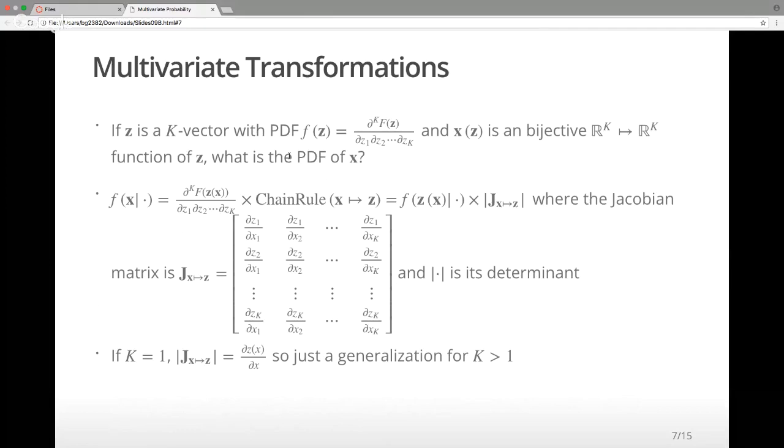It's even more tedious to calculate the determinant if you don't have a triangular matrix. But we're going to focus on the case where the Jacobians are triangular, in which case the determinant is relatively easy. Once you've figured out what all the partial derivatives are, just multiply down the diagonal.